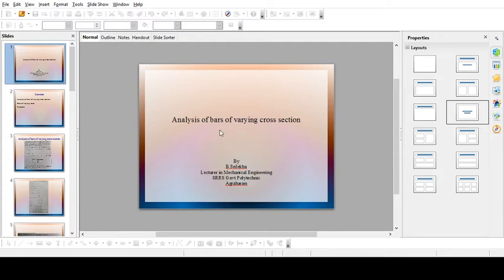Now stress induced, sigma 2, is simply load by area. What is the load? The load is same. It is given that the load is not going to change. It is 80 into 10 to the power of 3 by 300 pi.